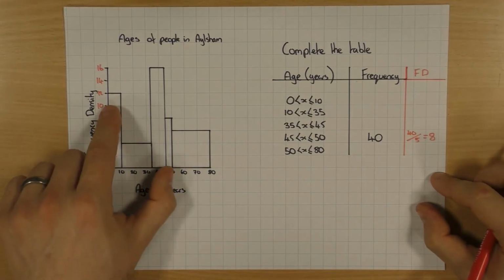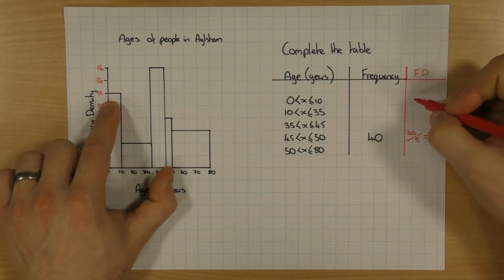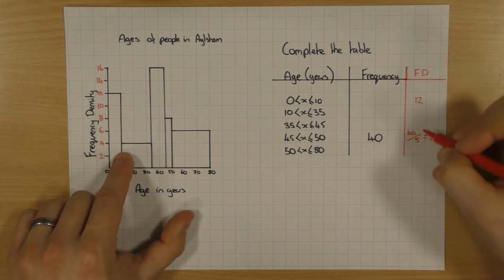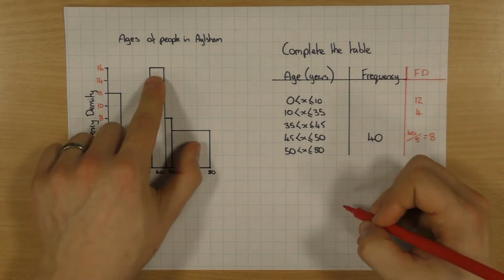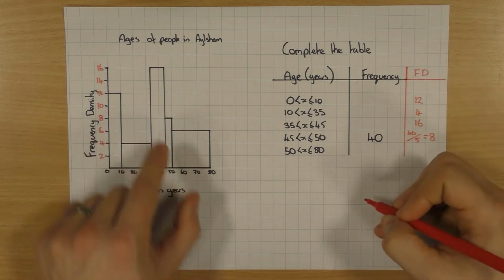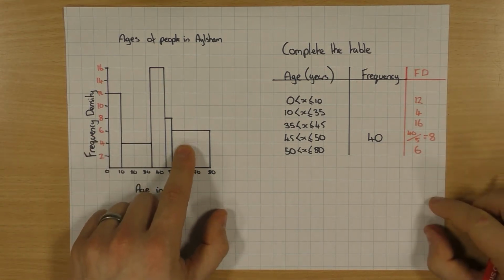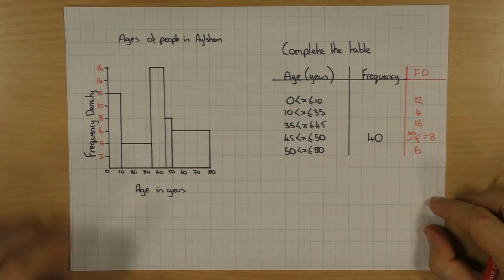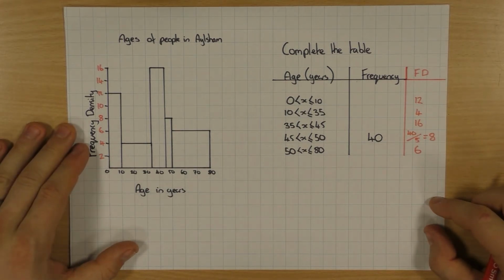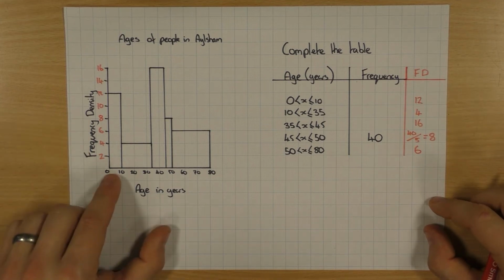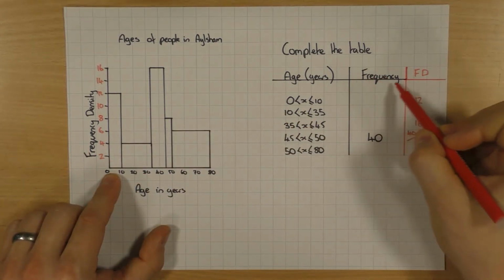So we could fill in our frequency density for the first one. It's 12. Then the next one would be 4. This one would be 16. And this one here would be 6. Okay. So once you have that, going back to what we said in the first example, work out the area of each bar to get the frequency.